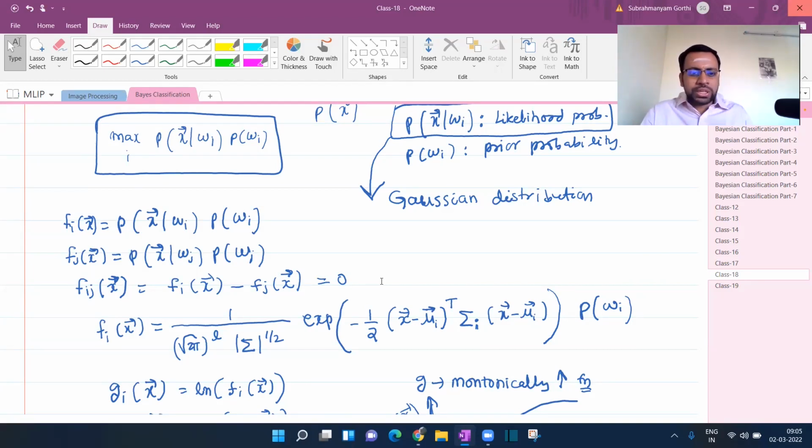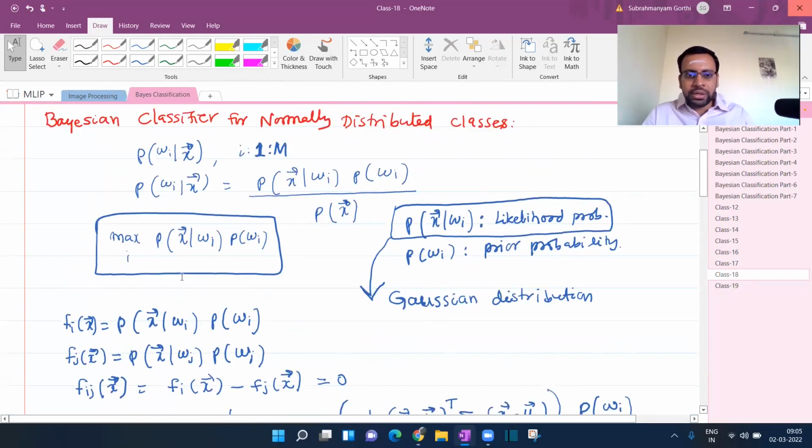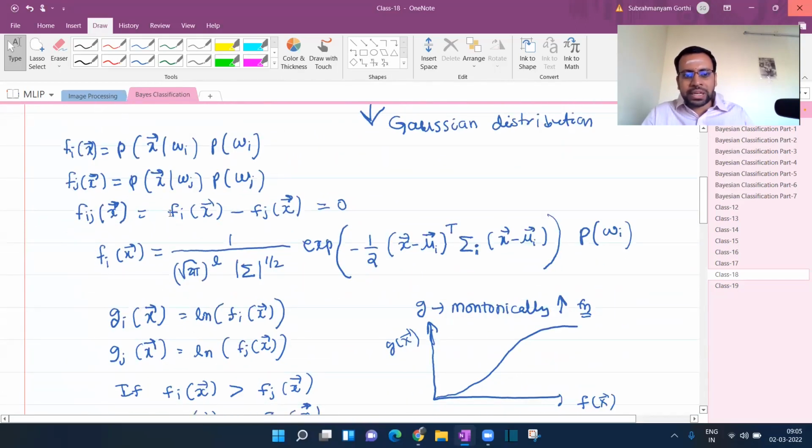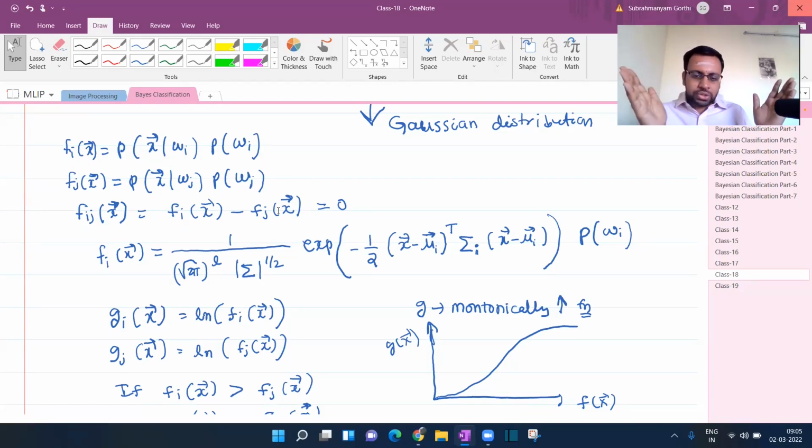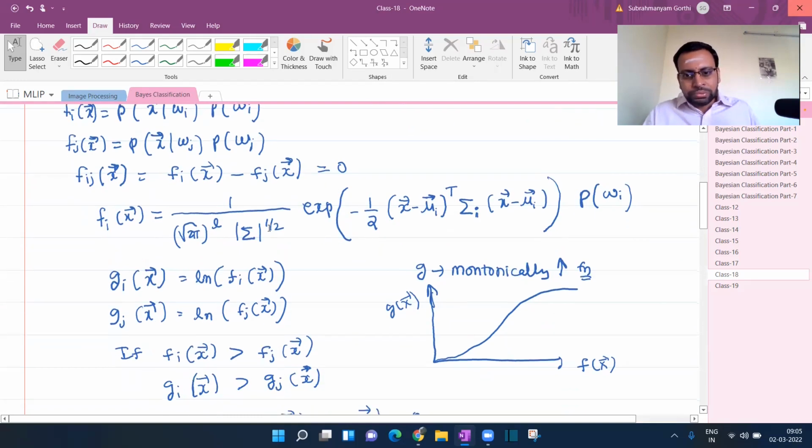For example, this function Fij of x bar is defined, where the function you calculate for the ith class and the jth class are both equal. These a posteriori probabilities are equal at the boundaries. So if you subtract Fi of x bar minus Fj of x bar, then if this value is less than 0, that belongs to the ith class. If it is greater than 0, that belongs to the jth class. And if it is equal to 0, that is the boundary between the two classes, right?